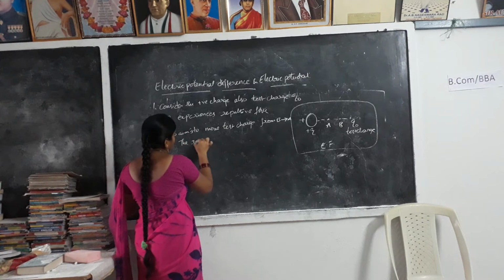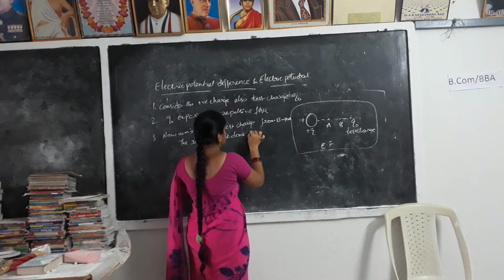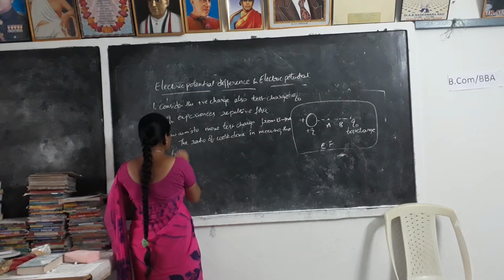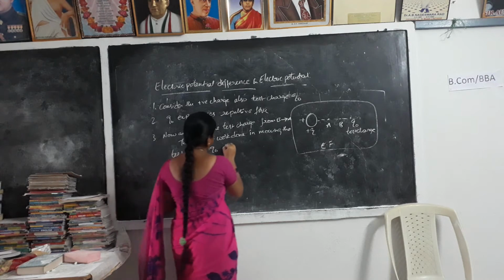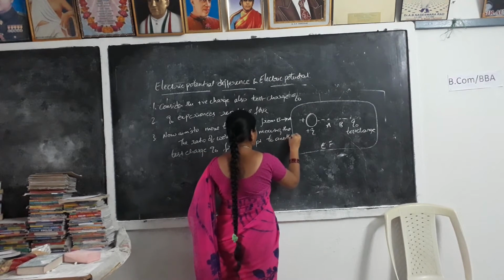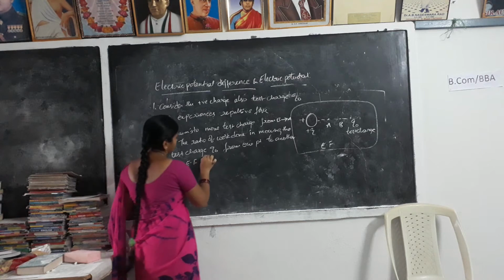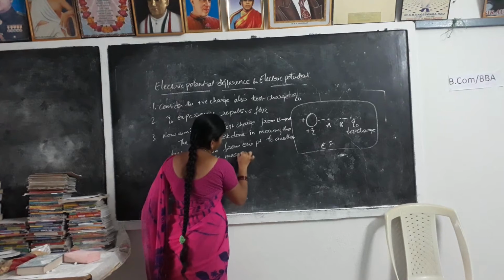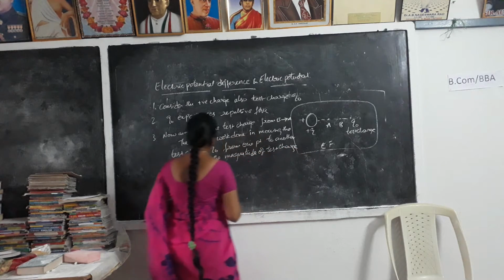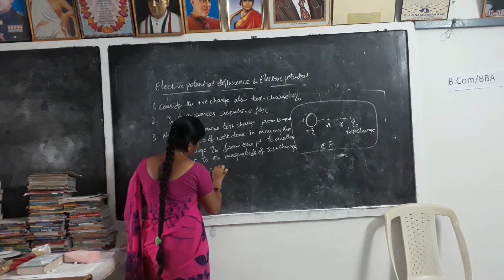The conclusion is this: the ratio of work done in moving the test charge Q naught from one point to another point in an electric field to the magnitude of the test charge is known as electric potential difference.